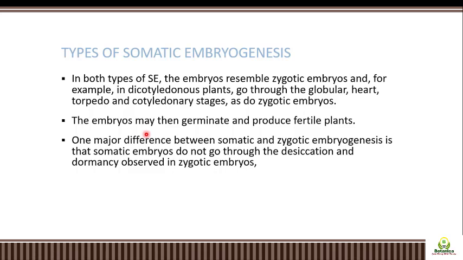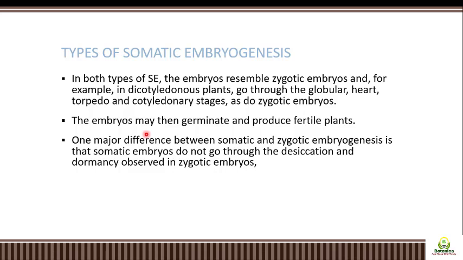But in the zygotic embryo there is a difference: in the majority of species, seeds are formed. For example, if the species is growing in the summer season, at the end of the summer the seeds have formed, and that particular plant will go through desiccation or dormancy. It will go through the winter period, the harsh environment which is not favorable for growth, and in the next spring, when conditions are favorable, that seed will grow and dormancy will be broken.